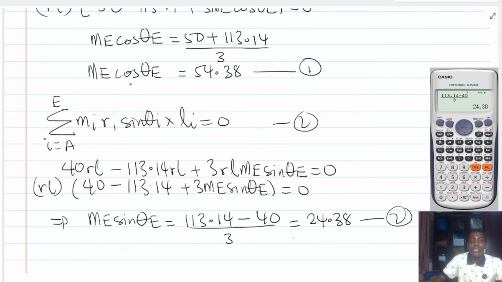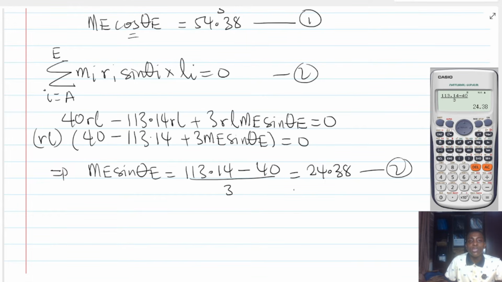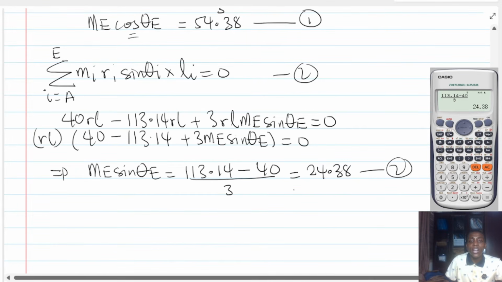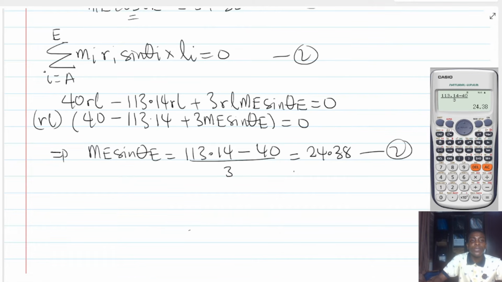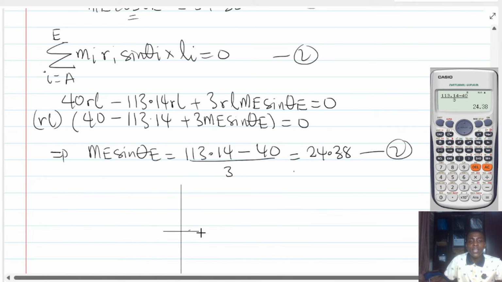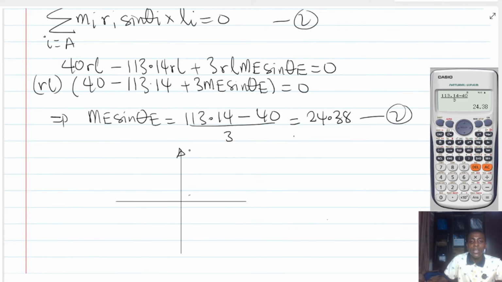Now I have two equations, two unknowns in terms of ME and theta E, so I can solve for ME and I can also solve for theta E. Now let's find the angle. So this is how I'm going to do it. This is sin theta and this is going to be cosine theta.